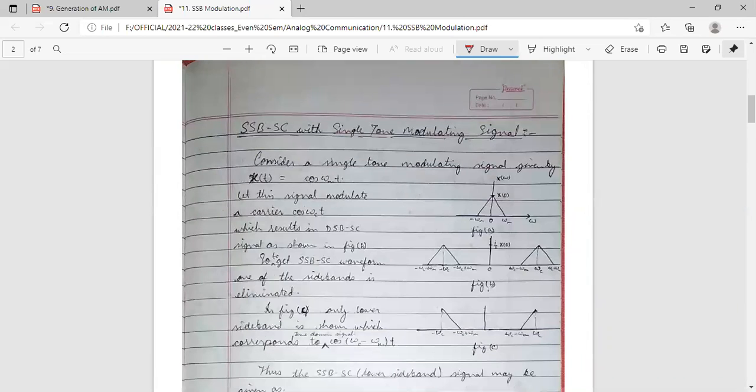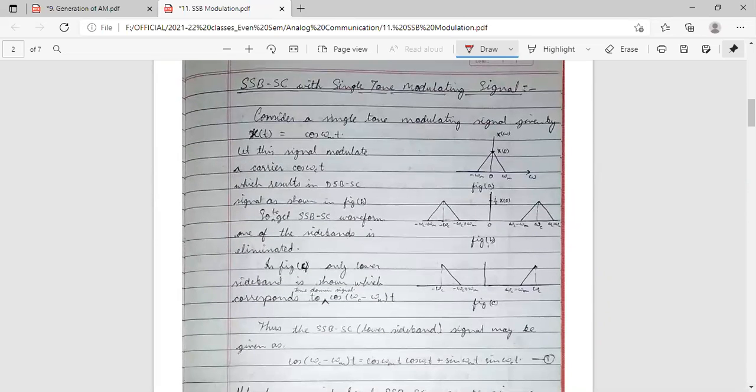Now SSB-SC with a single tone modulating signal. We already know what is meant by single tone. Single tone means the baseband signal consists of only one frequency component. Okay, so the baseband signal here is x(t) = cos omega m t, which we have written here. So this is the frequency spectrum of double sideband and single sideband.